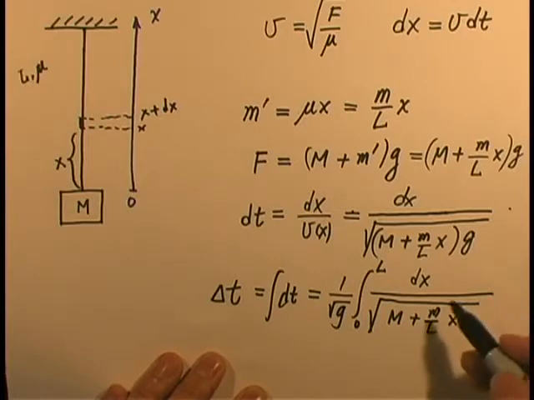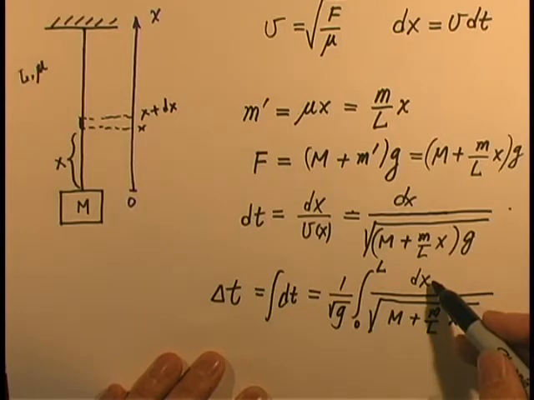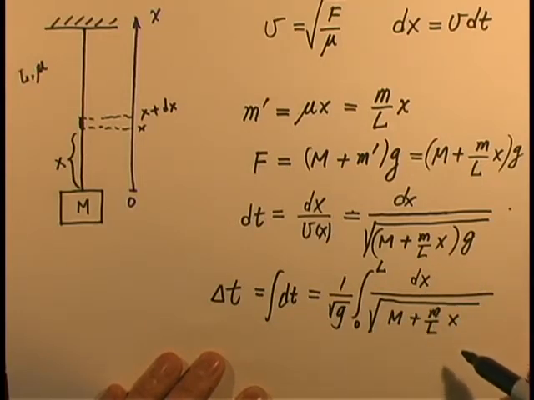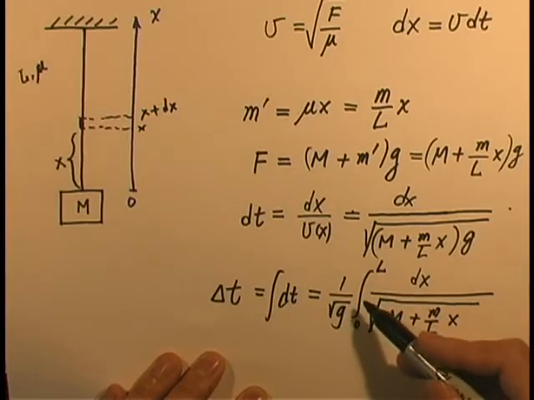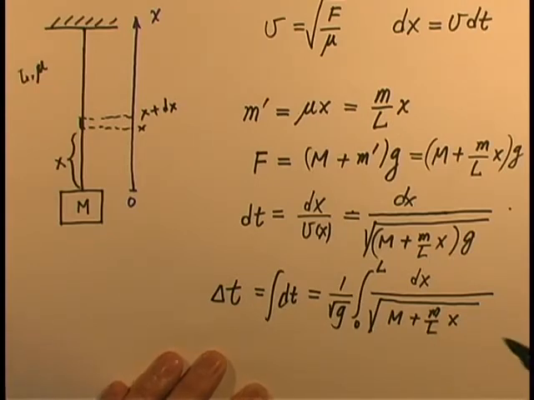The idea is I'm going to redefine a variable. Instead of x, I'm going to call capital M plus small m x over L, the whole thing, u. And then dx would be related to du. It's just a constant of m over L coming out. So essentially the integral becomes some constant times du over the square root of u, which is a simple power integral. It's u to the power negative 1/2 du.